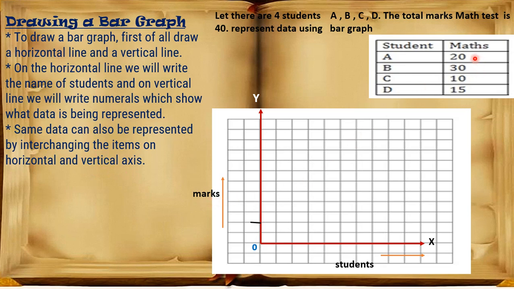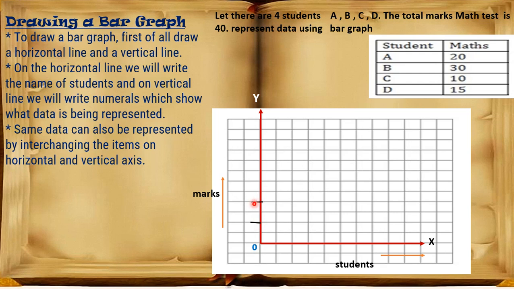As we observe here, the scores are 20, 30, 10 and 15. So by taking 1 unit equal to 10 marks or 2 units equal to 10 marks, we can choose according to our graph paper what value we show for 1 centimeter or 1 unit.